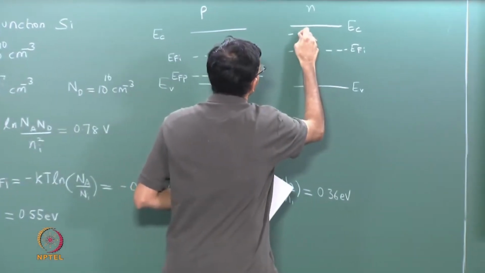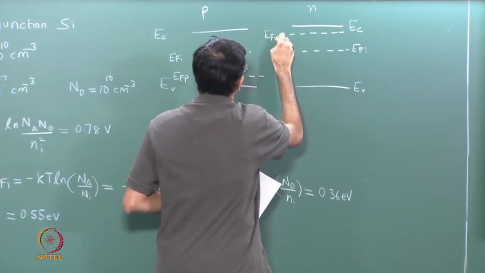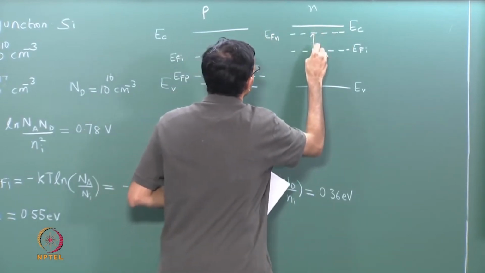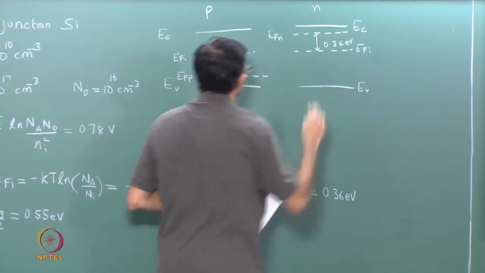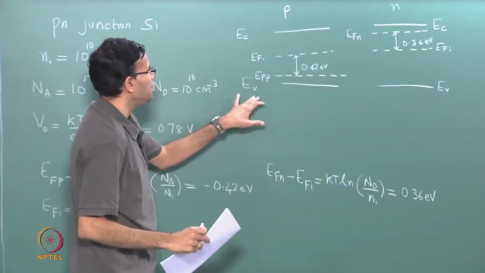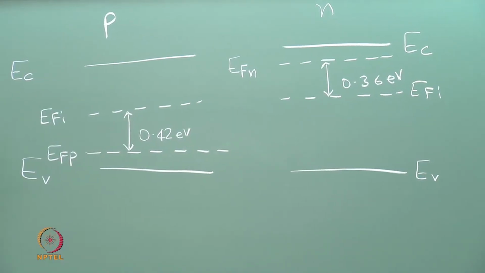So, in this case EFN is 0.36 electron volts above EFI.